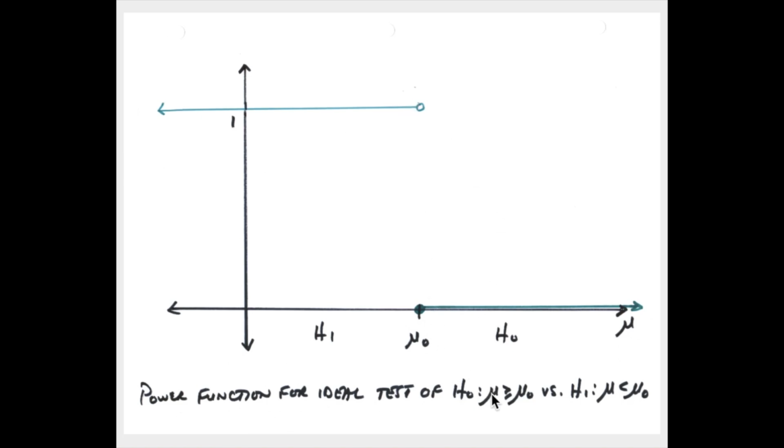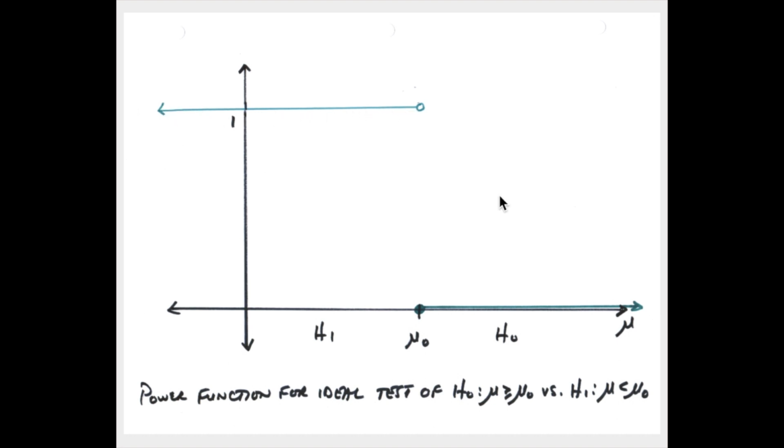Any value of mu that is consistent with the null hypothesis, so any value of mu here or to the right, the null hypothesis would be true, and so for an ideal test, there would be 0 probability of rejecting it. On the other hand, for any value of mu that satisfies the alternative, so any value of mu to the left of that point, the ideal test would always reject, and so the probability of rejecting would be 1.